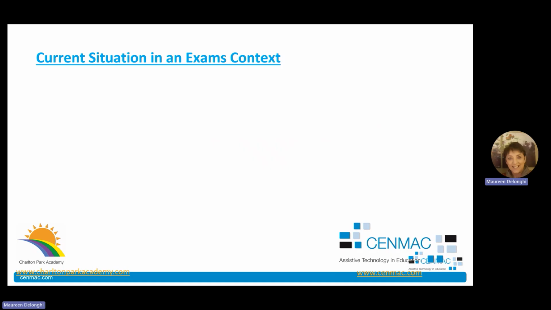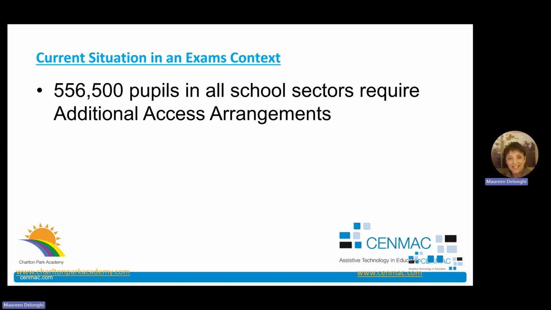Now, the current situation, and actually some of these figures are now probably out of date because they're a couple of years old, is that when you get to GCSE level, a lot of students across the schools, and actually this goes right the way down to Key Stage 3 and in SATS exams too, lots of pupils need to have some form of additional access arrangement, be that extra time given to them or coloured paper and so on and so forth.